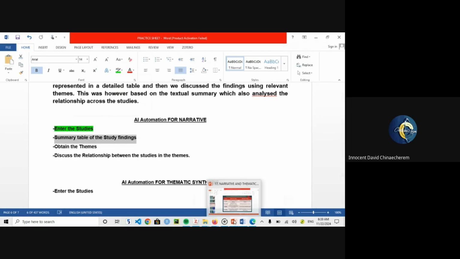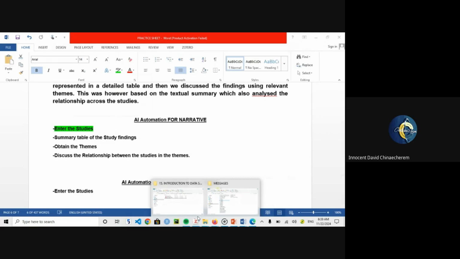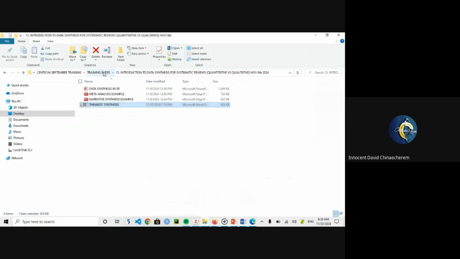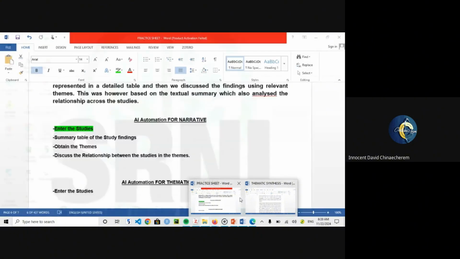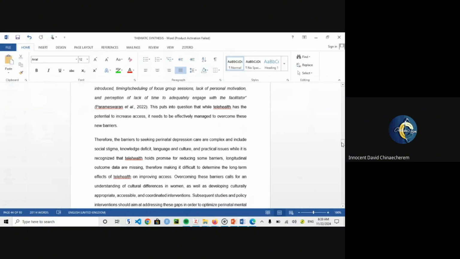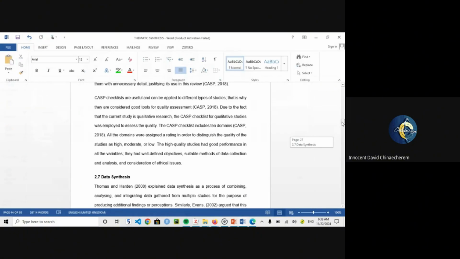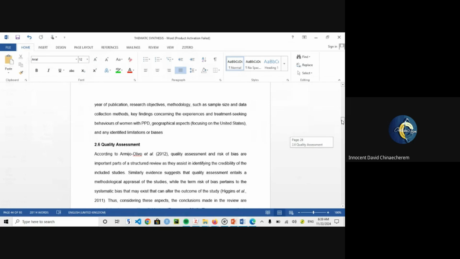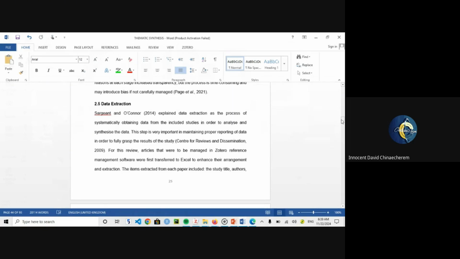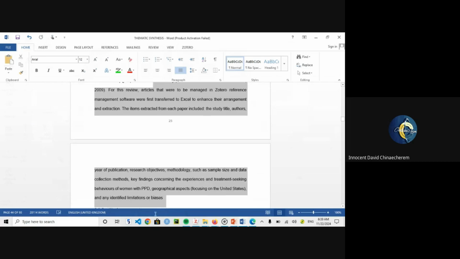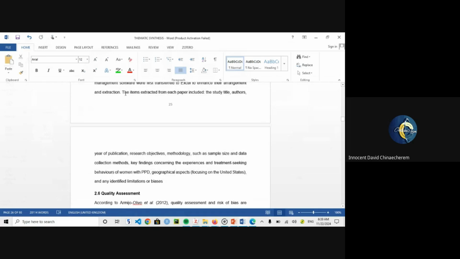If you remember, when you refer back to our data extraction session in our training, we mentioned that when you want to perform your data extraction, there are some relevant items that are imperative to extract. Just like looking at this study, if you go to the method section, you get to see certain information that will be extracted.